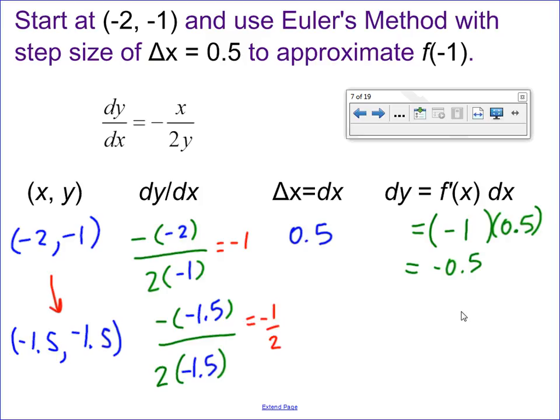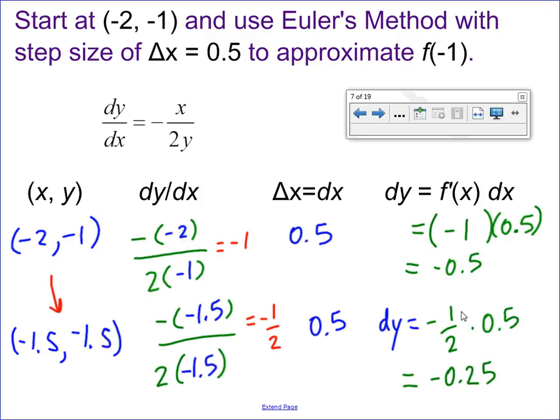What's my delta x? 0.5 units. And so my anticipated change, dy, is given by my instantaneous rate of change at that point, negative 1/2, times my delta step dx of 0.5. So 0.5 times 0.5 is an anticipated change in my y coordinate of 0.25 down, so negative 0.25. Are you guys getting that?